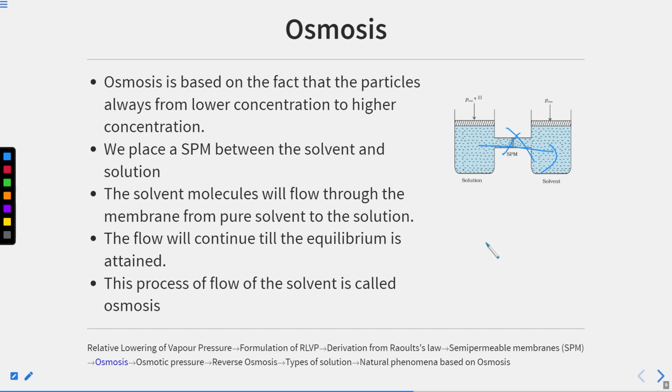What we will see is that the color will expand quickly throughout the water to make the concentration equal. If you put this color at a certain point, it will not remain at that point, because this would increase the concentration there and disturb the equilibrium. So to make it even, the color will move throughout the water, so it can attain the equilibrium. If you do not put the SPM here, that case will happen.